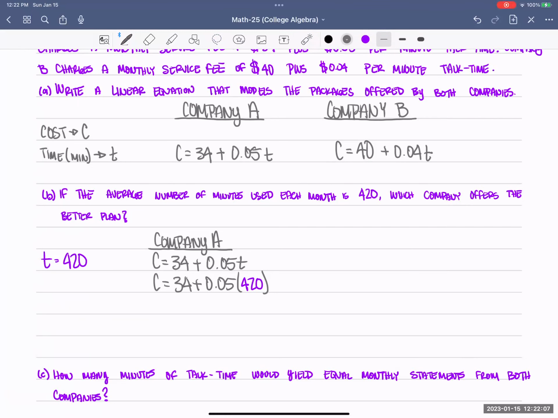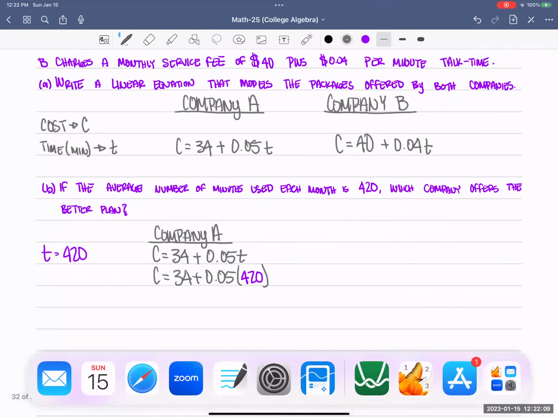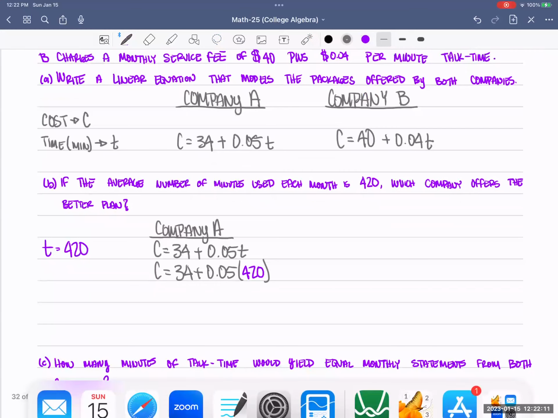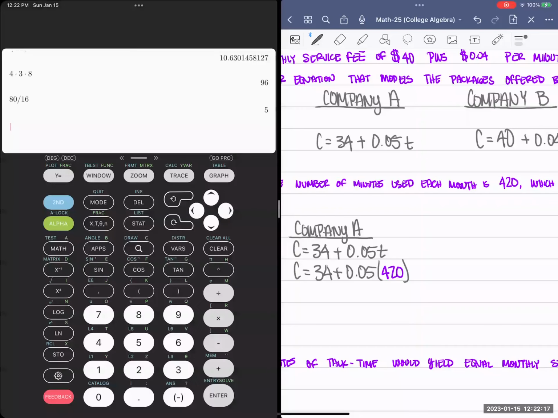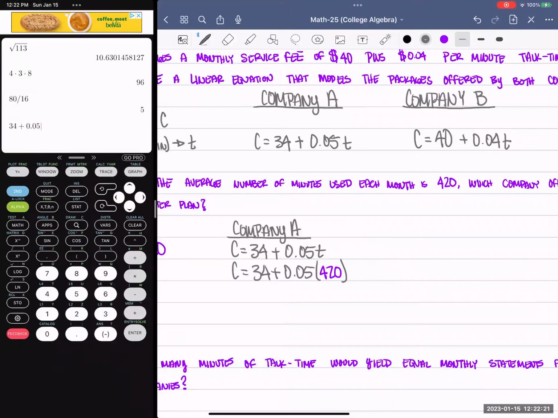And we could use our calculator to see what the computation is. So $34 plus 5 cents times our 420 minutes. So that gives us 55.